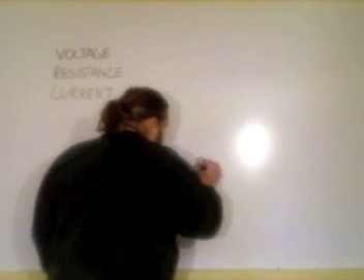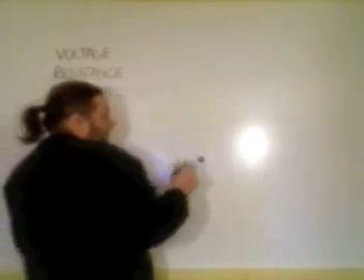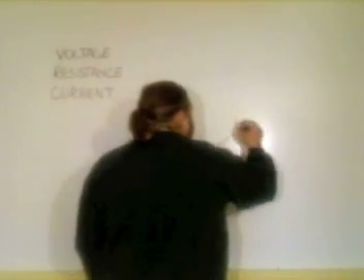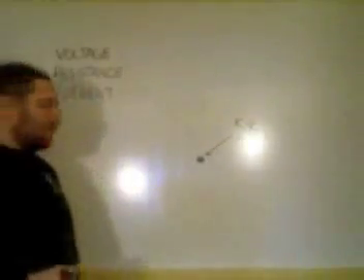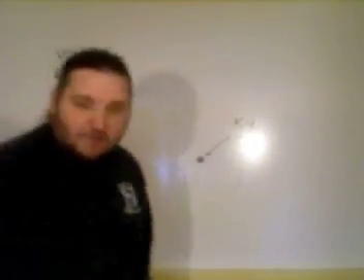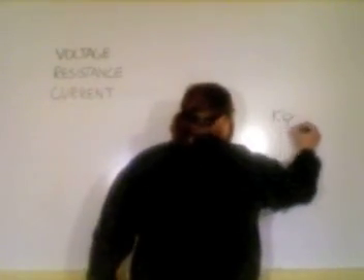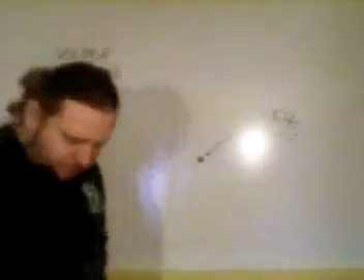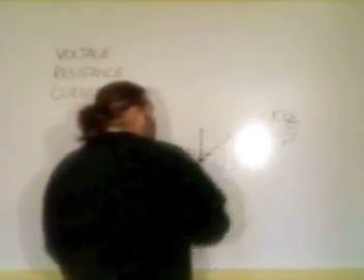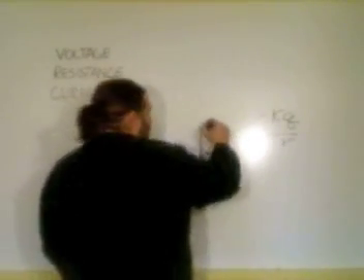Now, imagine we have a charge here, okay? And we can say that the potential due to that charge falls off like K, Q over R. So at a given radius, it has a particular amount of potential energy.